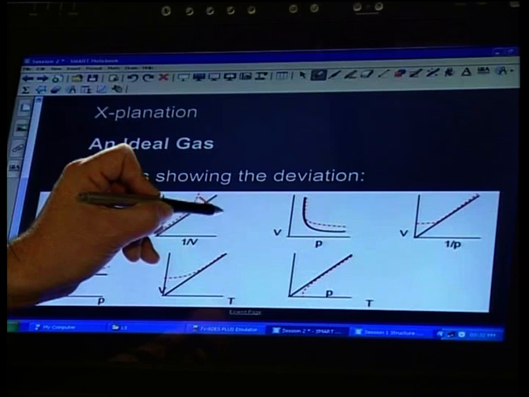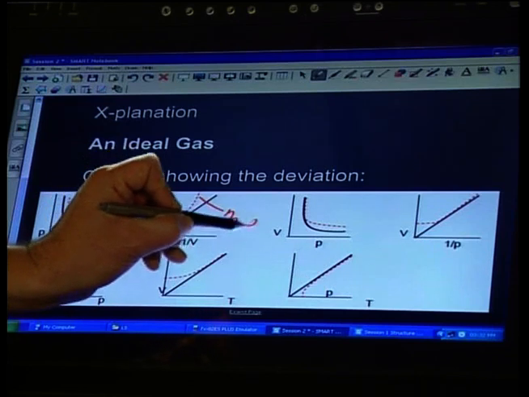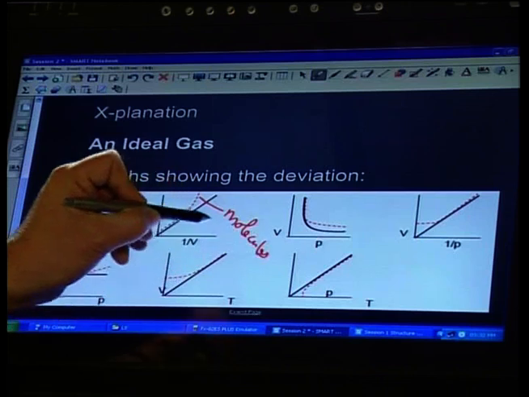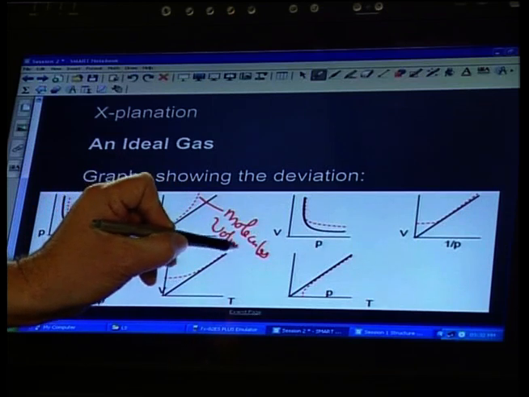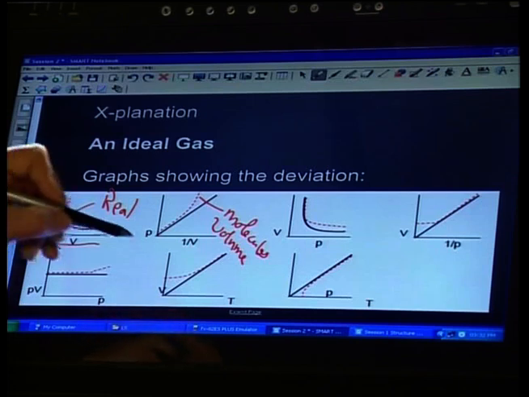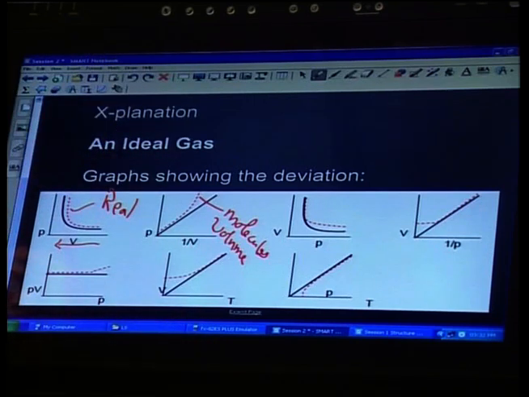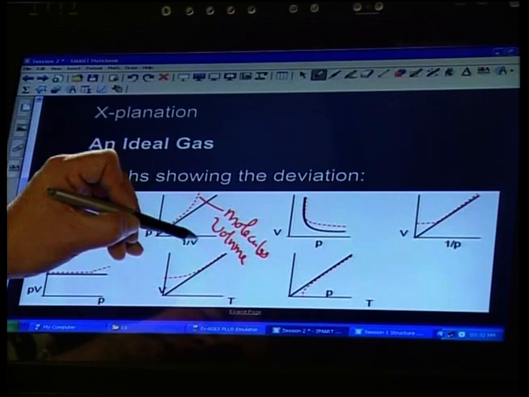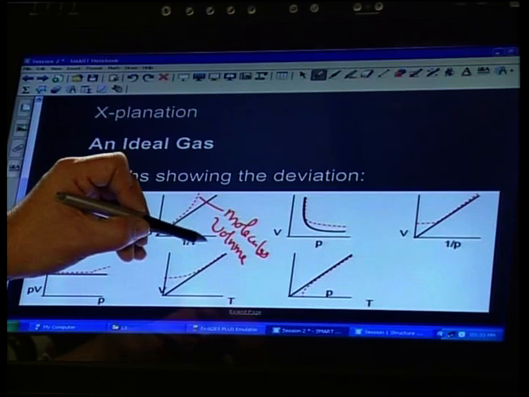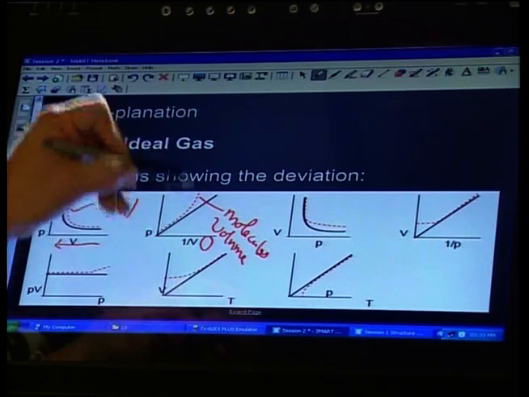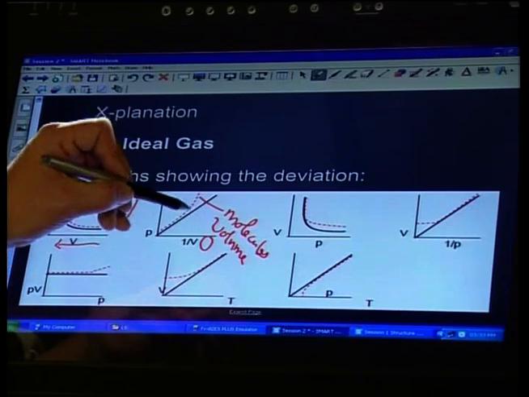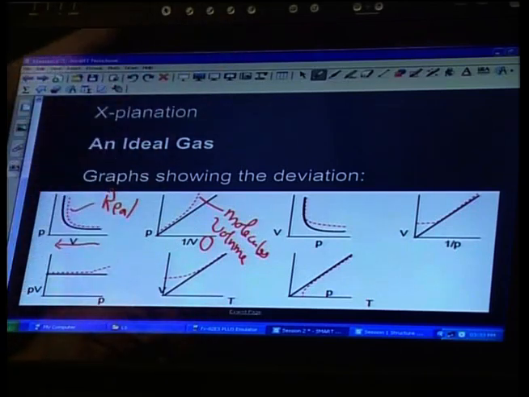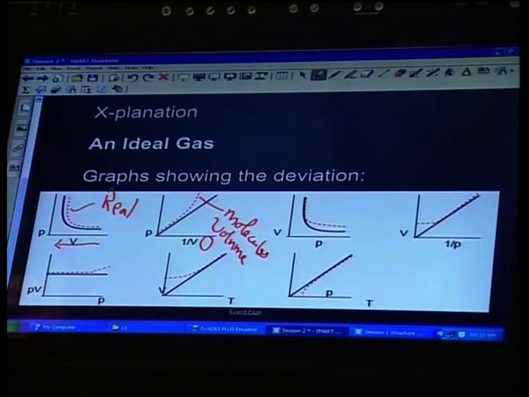This is because the molecules have volume. It's the volume of the molecules that is causing them to deviate. So if we take 1 over V, remember over here 1 over V will be when V is very small. Small volume, 1 over V will be very big. That's when it deviates. It goes up very sharply in that way.